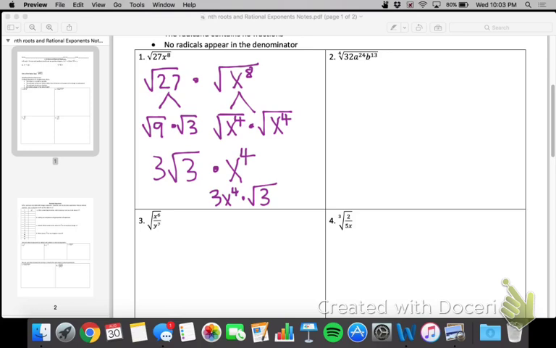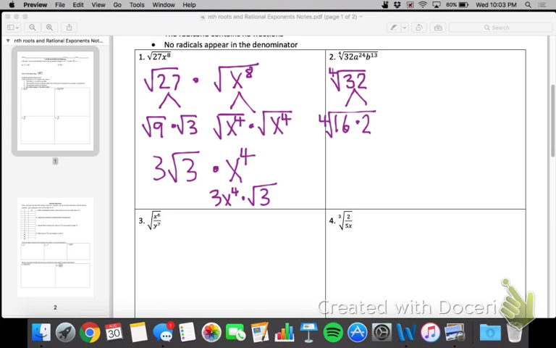Okay. Number 2 now, we're dealing with a 4th root. So rather than look for factors that are perfect squares, we want to look for factors that are perfect fourths. So things that are perfectly raised to the 4th power. So the 4th root of 32, and you start seeing these things the more math you do, but I know 32 is actually 16 times 2, and 16 is equal to 2 to the 4th power.